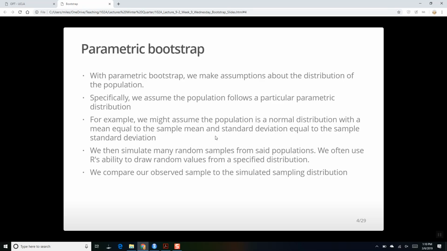With parametric Bootstrap, we are going to make certain assumptions about the population, and specifically, we will assume that the population follows a specific parametric distribution, okay? And what I mean by a parametric distribution is these are all those kind of distributions that you learned about in your 100A, 100B class, okay?